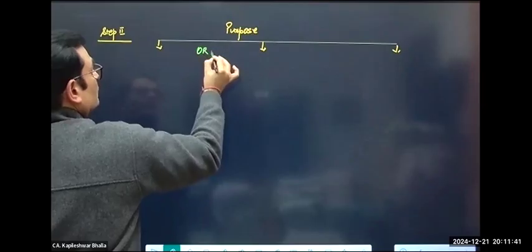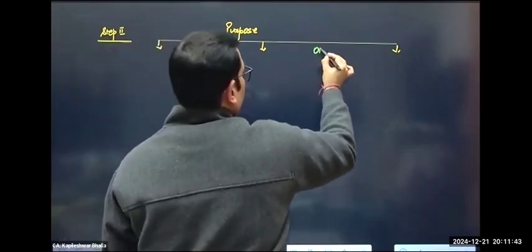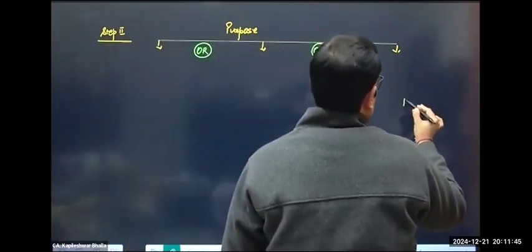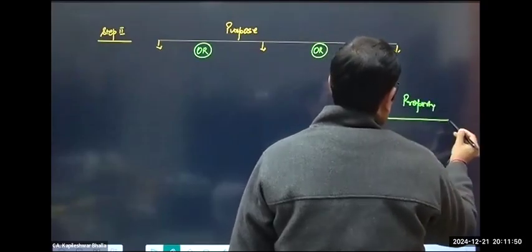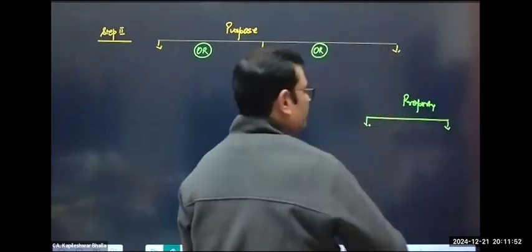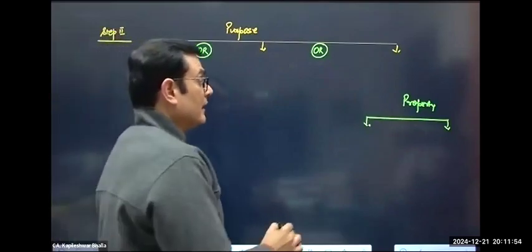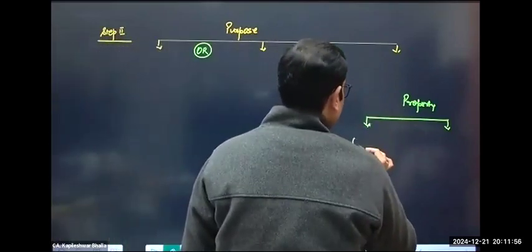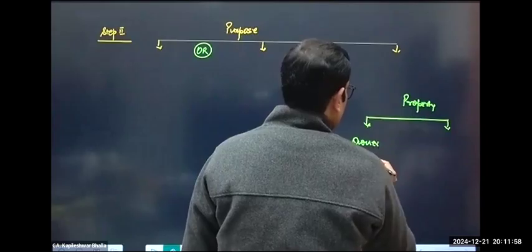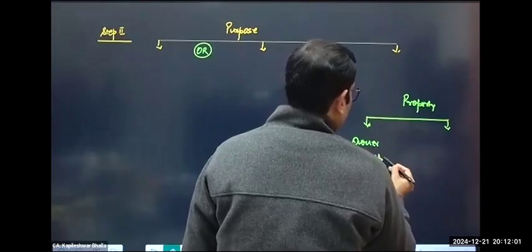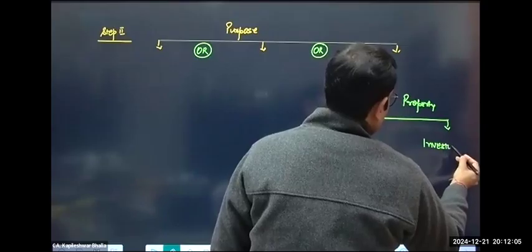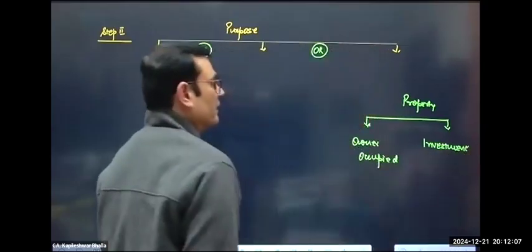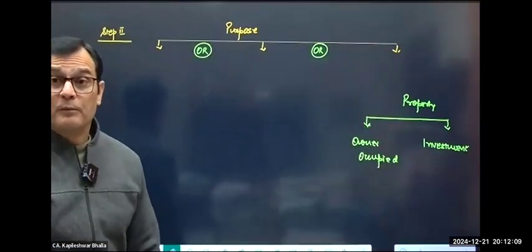At this stage, I'd also like to add a small input: when I am looking at a property, just for your reference, the property is of 2 types. Either it is owner occupied, or it is an investment property.